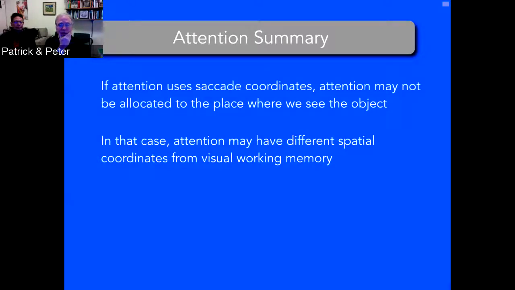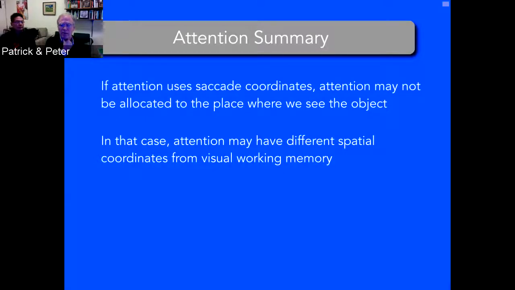If attention uses saccade coordinates, attention may not be allocated to places where we see the object. That's a bit disturbing, but mostly saccades and attention and perception agree, so it doesn't come up much. As a matter of fact, it may only come up with this one particular very cool stimulus, the double drift stimulus. And what we see here is that maybe attention has different spatial coordinates from perception and quite possibly from visual working memory.